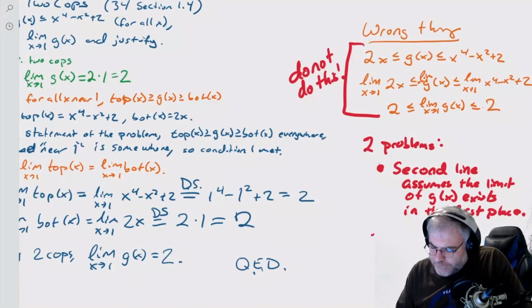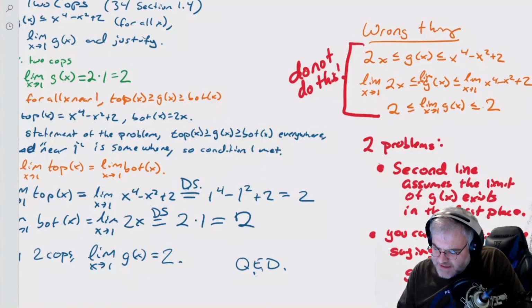The second one is this. You can get into trouble saying that the limit as x goes to a, you can get into trouble by saying f of x, I think it's g in the textbook, so I'll use that. g of x is less than f of x is less than h of x.